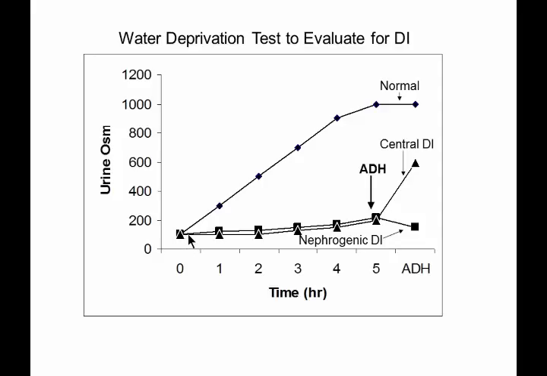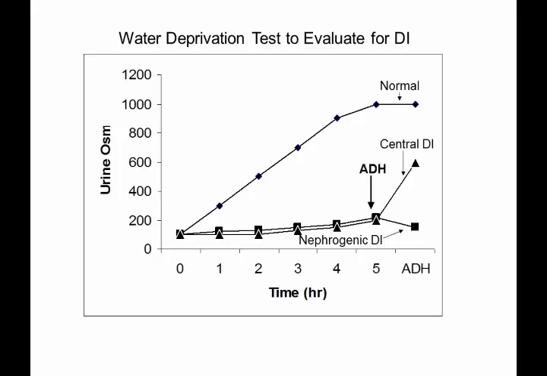If you have central diabetes insipidus, then you don't raise your urine osmolarity, but when given ADH, it corrects. Your urine osmolarity goes up. This is a classical feature of central diabetes insipidus. Whereas if it's nephrogenic, when you give the ADH, it does not go up. So this is the test we use to separate these.